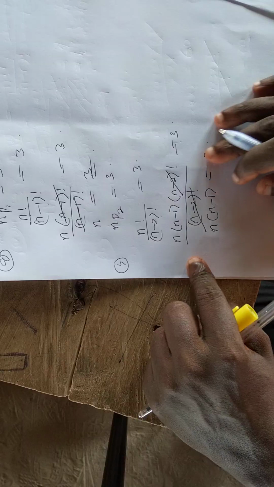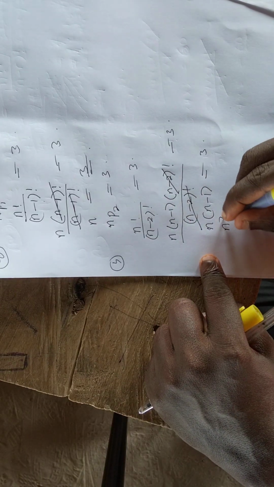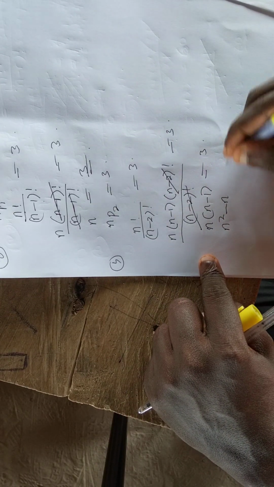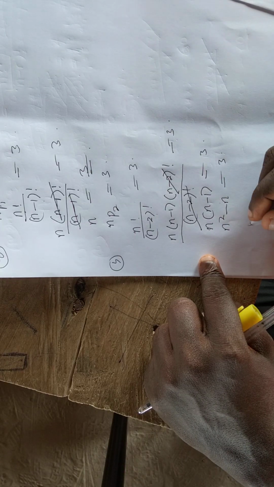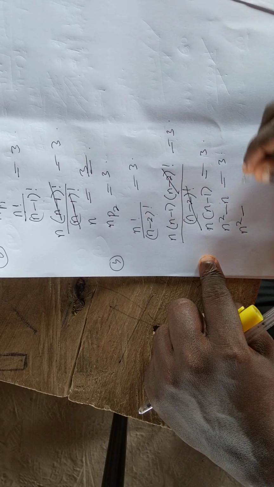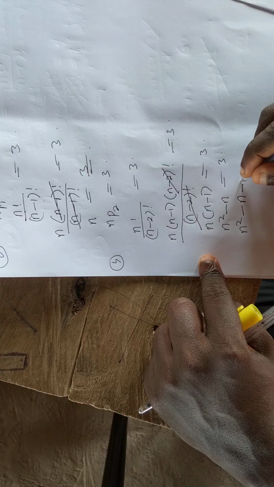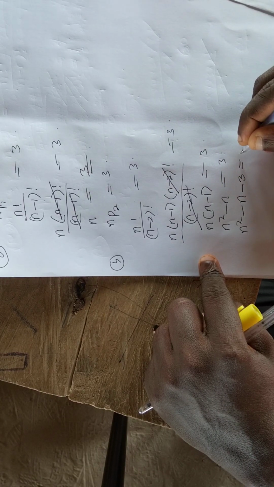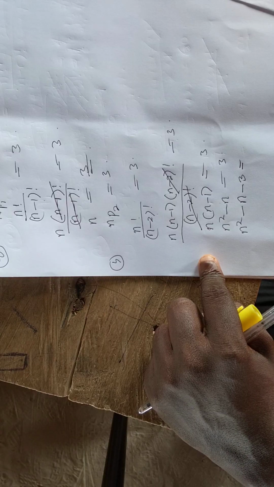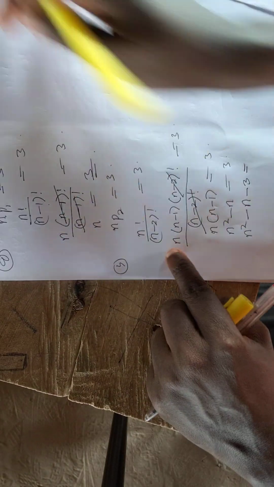So if we open the brackets, here is n squared minus n equals 3. So take this one to this side. So it becomes n squared minus n minus 3 equals 0. Okay, let's say equals 6.